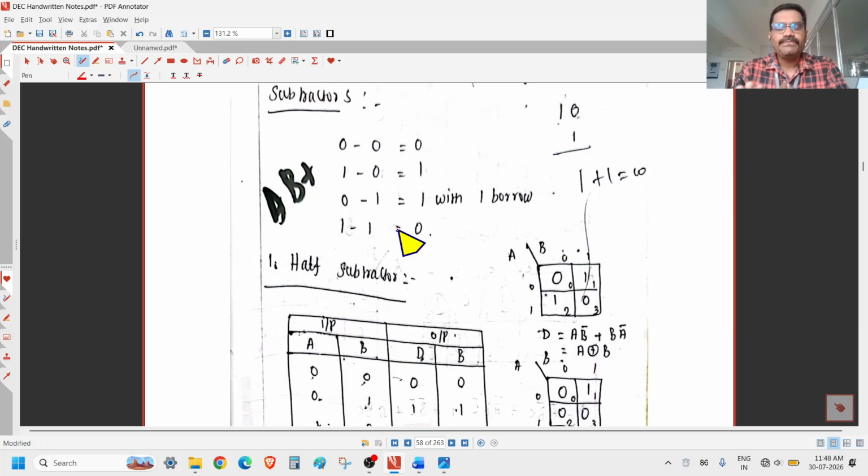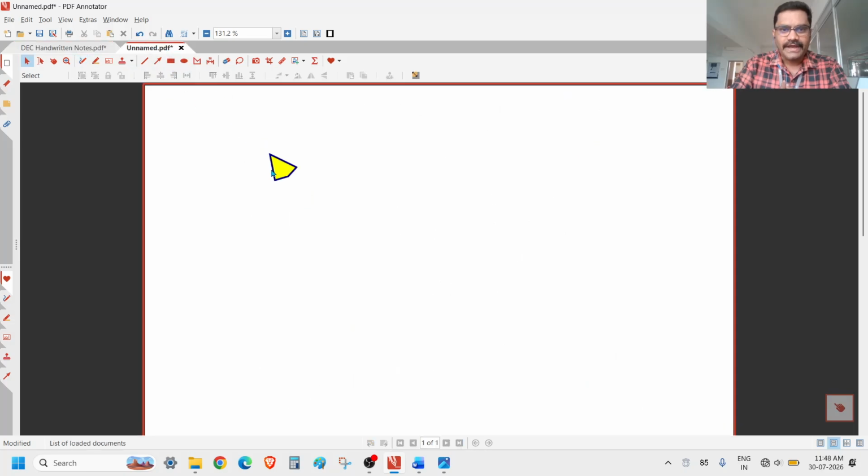The major point in a combinational logic circuit is that it is without a memory element. Since it doesn't have a memory element, the output depends on the present input, not on the previous inputs. So that is the definition of a combinational logic circuit. Next, we'll discuss the subtractor design.